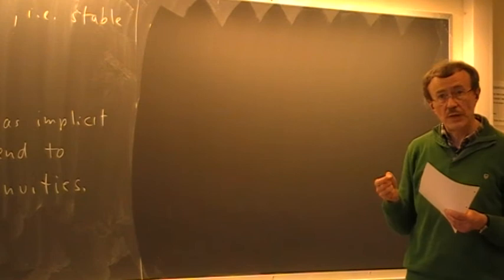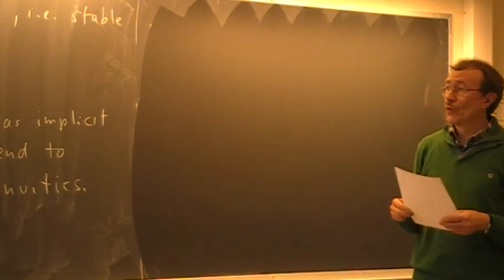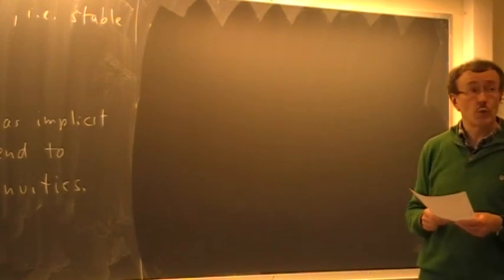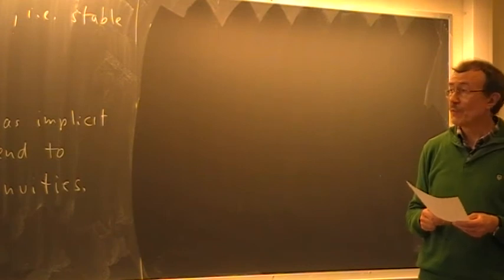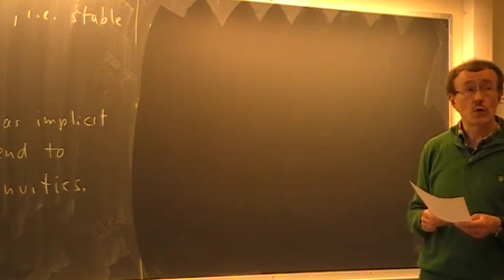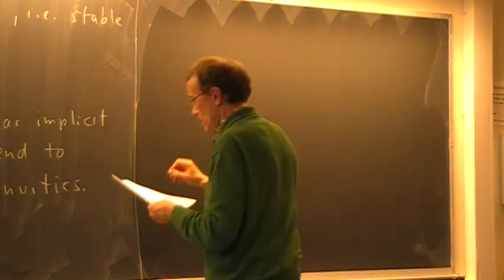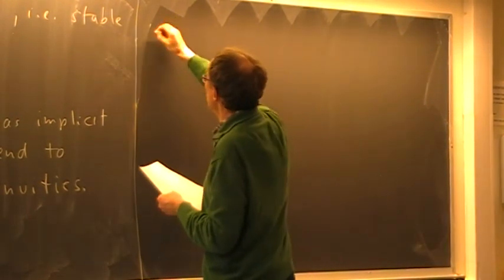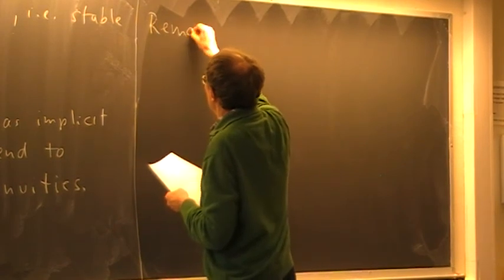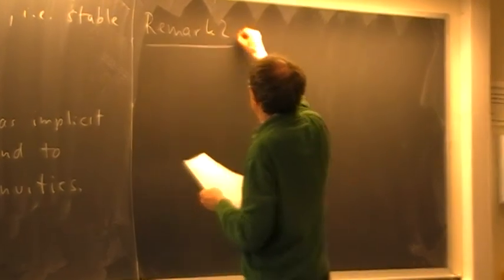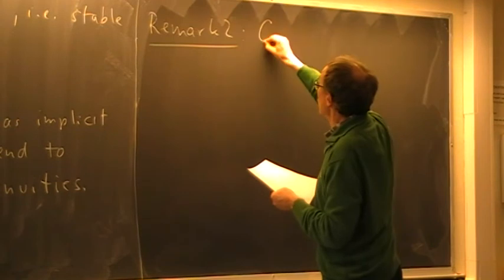And this class of methods, that we can also use for other problems, also for parabolic problems, and which is probably the most used, is called the Crank-Nicolson method. That is a method that you definitely should know. Remark two, that is the Crank-Nicolson method.